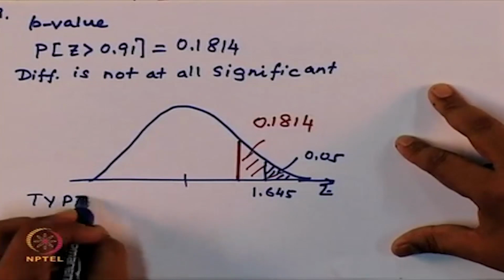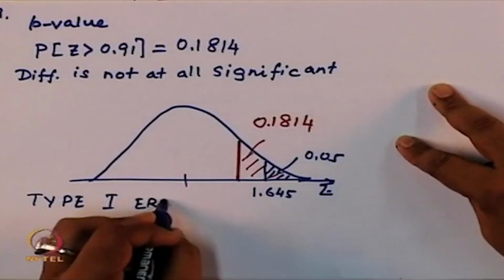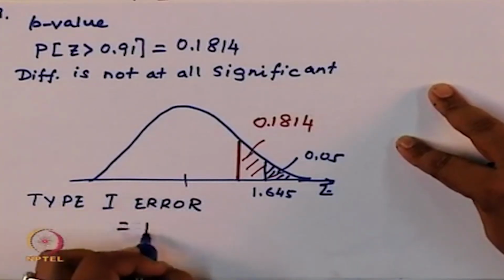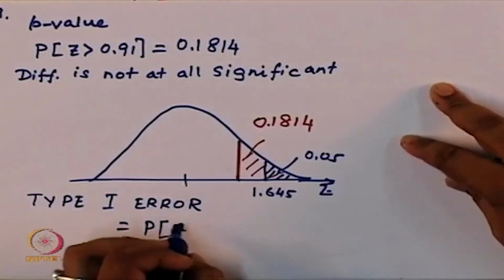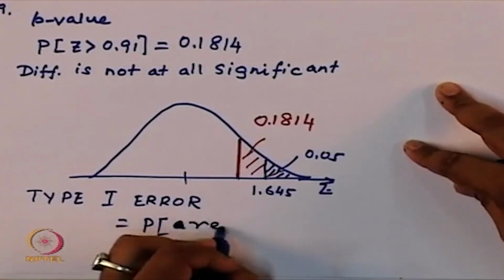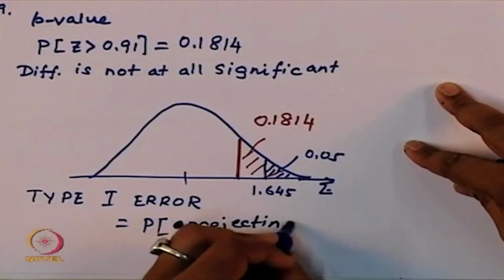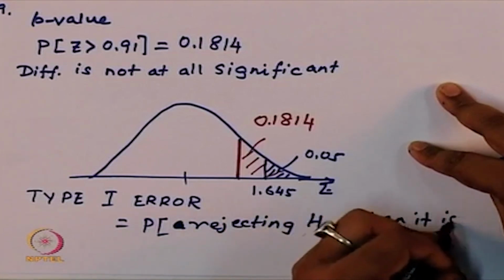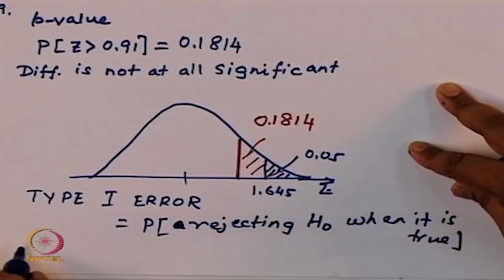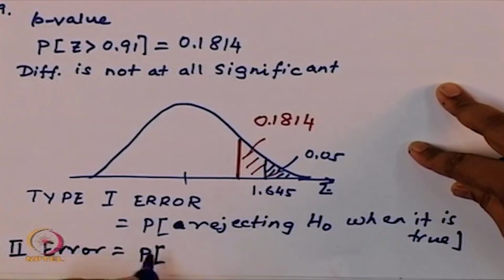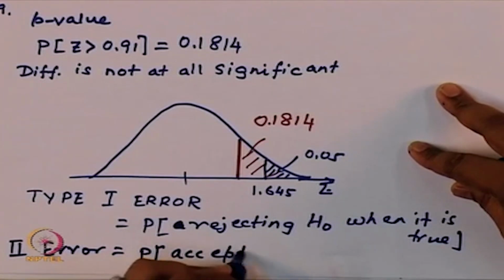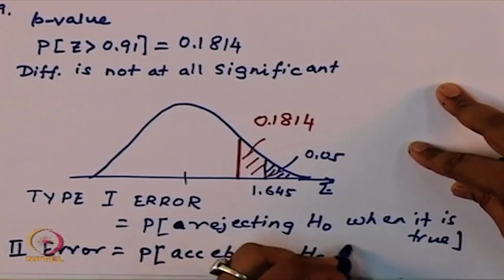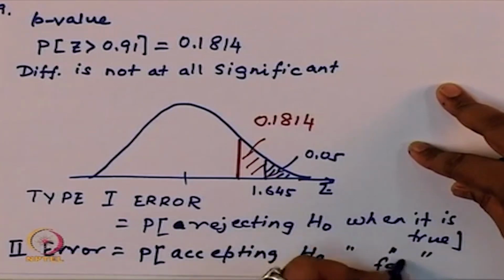We call them the type 1 error, which is the probability of rejecting H naught when it is true, or the type 2 error, which is the probability of accepting H naught when it is false.